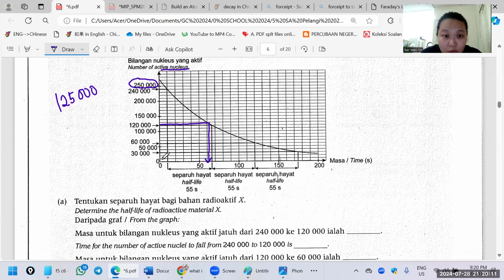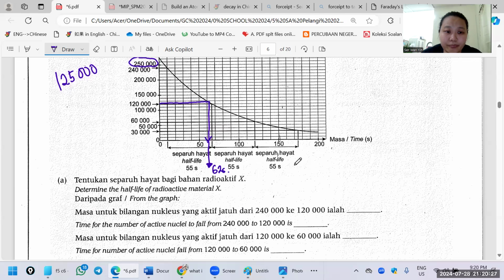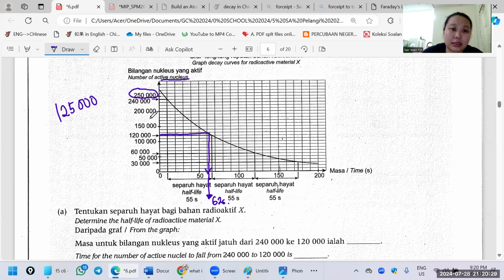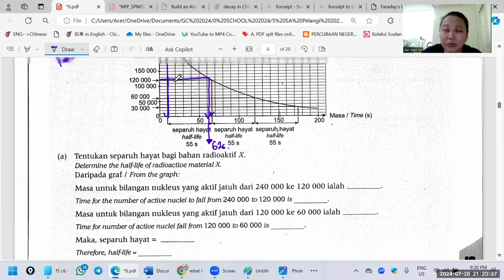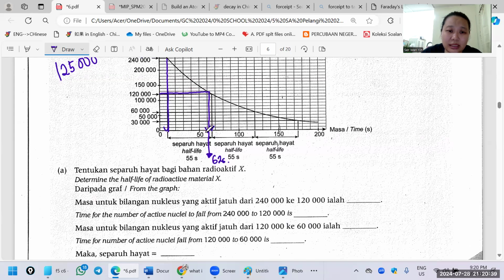Let's say 62 seconds. They use here the total number one. Also cannot. But then the exam will be easier. Just draw like that enough.